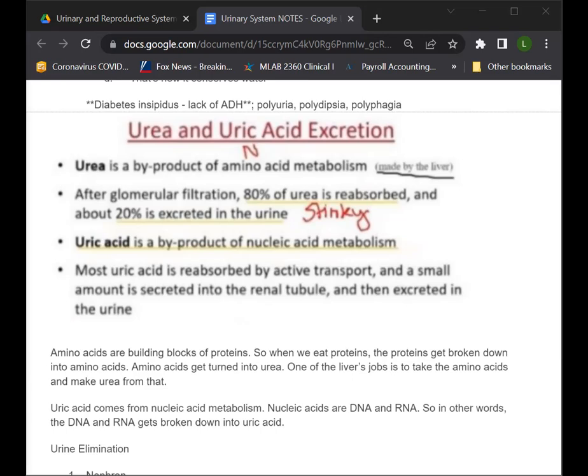So essentially, when you eat proteins, and then the proteins get broken down into amino acids, the amino acids are then going to get turned into urea.